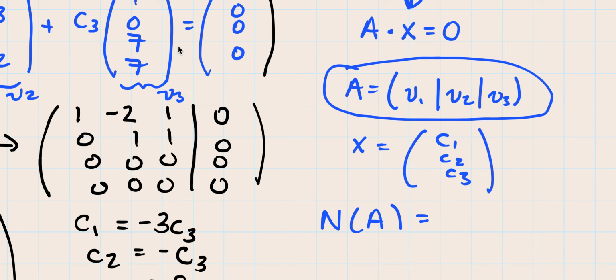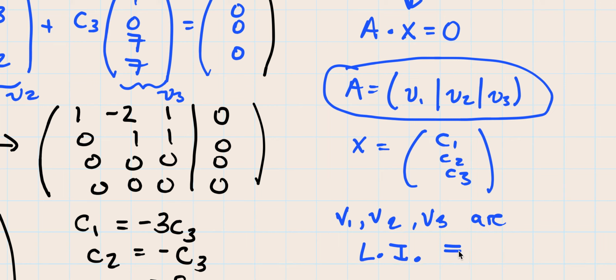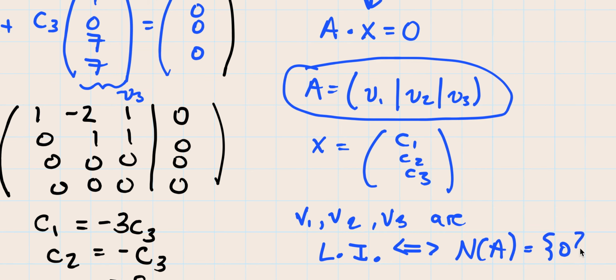So let's write this here. The vectors v1, v2, v3 are linearly independent if and only if the null space of our matrix A is equal to the 0 vector.